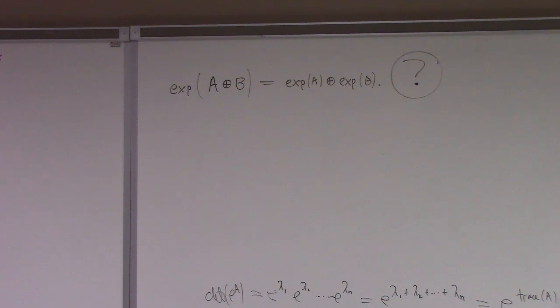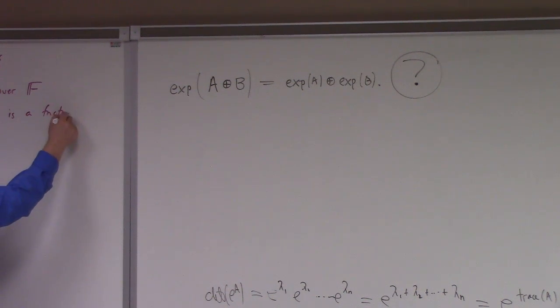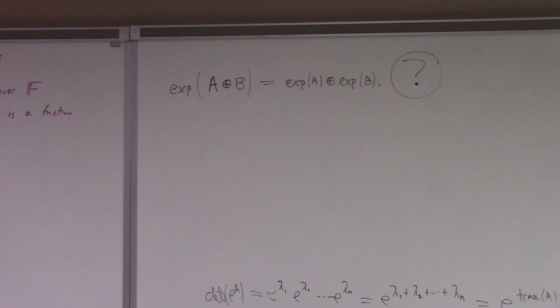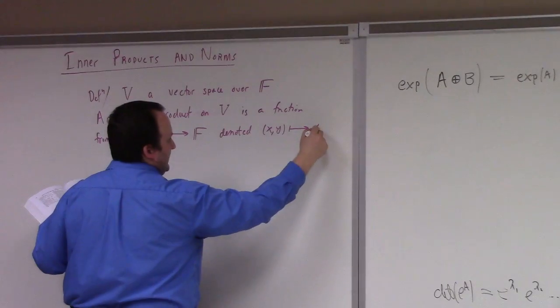Let V be a vector space over F. An inner product on V is a function from the Cartesian product of V with itself to the field, denoted x, y maps to angle bracket x, y.